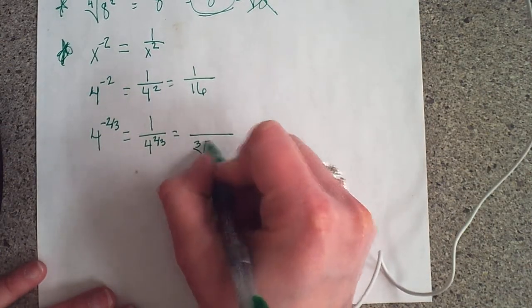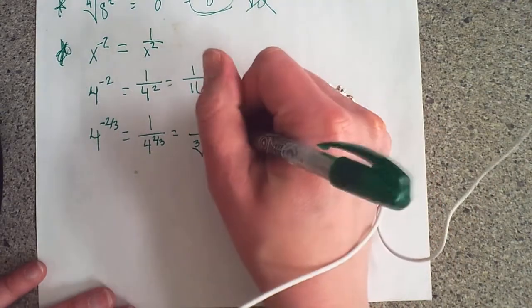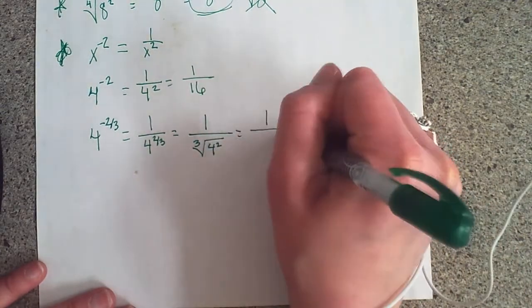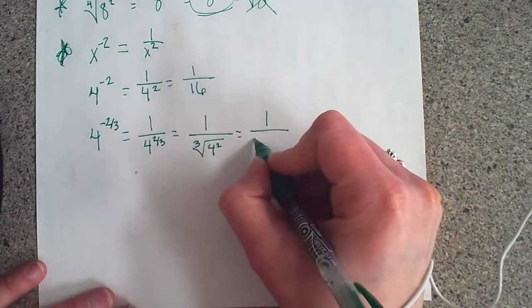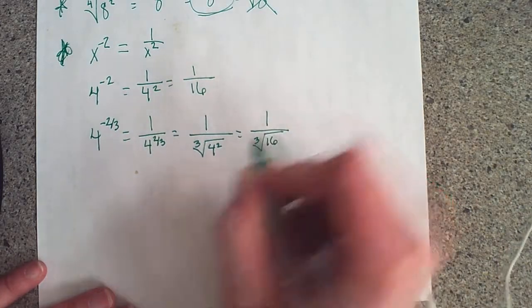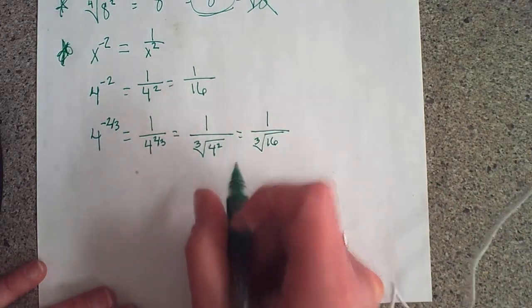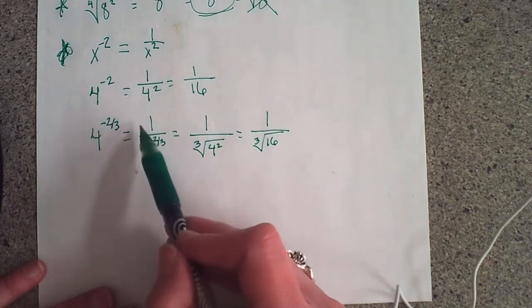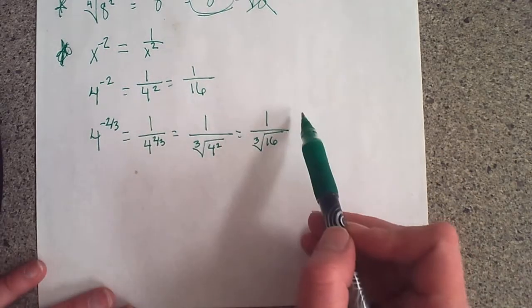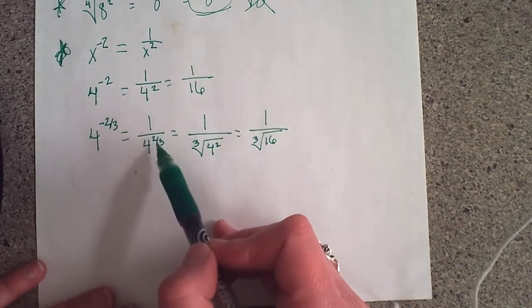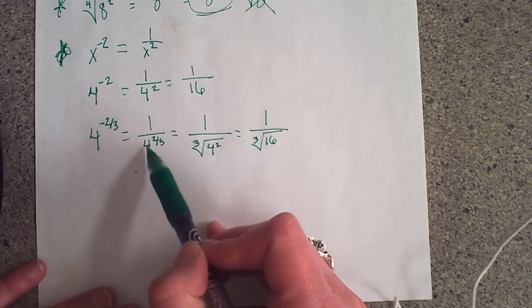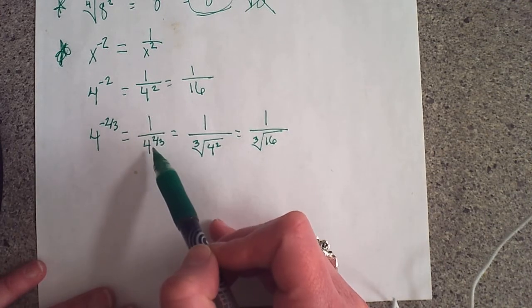That would be the cube root of 4 squared. If we wanted to simplify it again, remember 4 squared is 16. But this would also be an acceptable answer. So remember, that negative doesn't make our base negative. That negative really turns our value into a fraction with our base and our exponent being in the denominator.